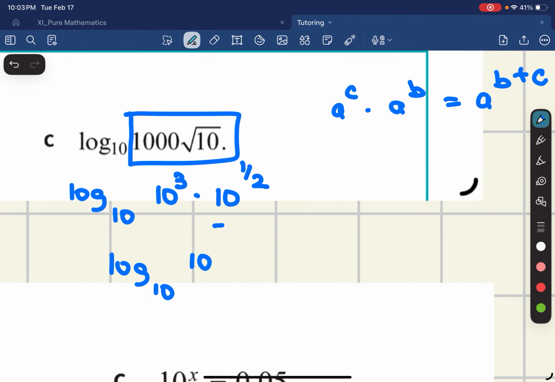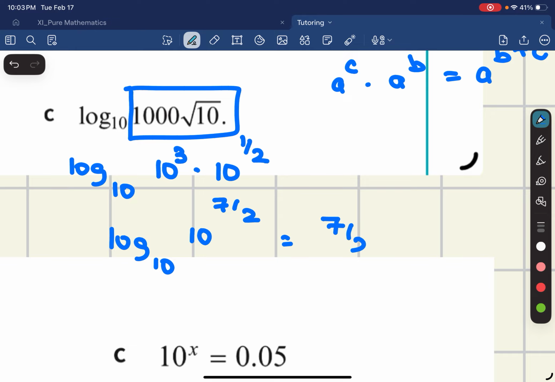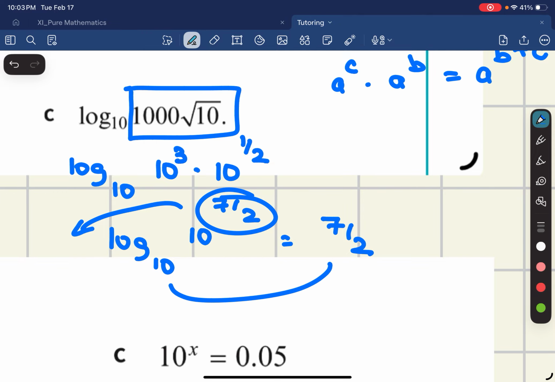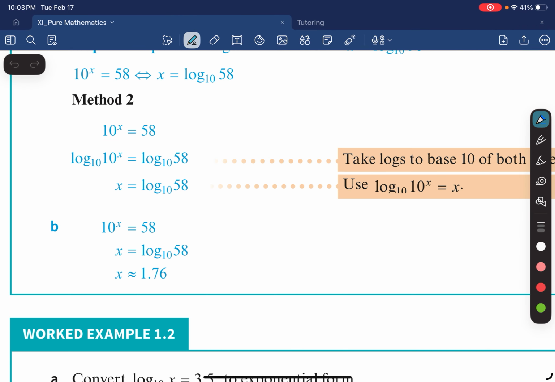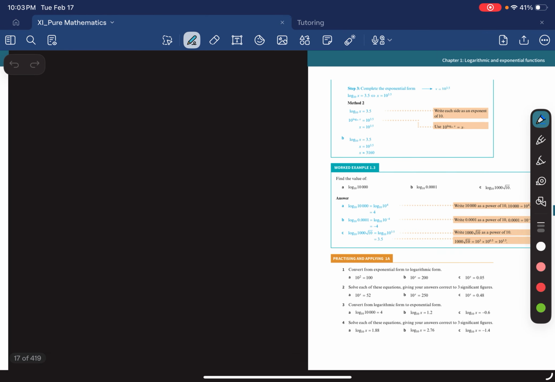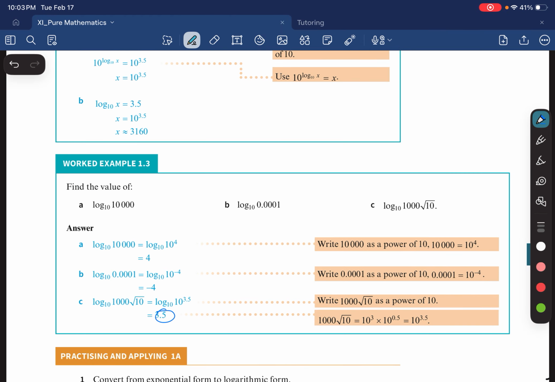And if you simplify, that is 7 by 2. And this gives me 7 by 2. You can bring 7 by 2 to the front and say that log base 10, 10 is just 1. So 7 by 2 times 1 is 7 by 2. Or you can just think of it as what number must I raise 10 to get 10 to the power 7 by 2. And that is just 7 by 2. So let's just check our answers. 3.5 is 7 by 2.